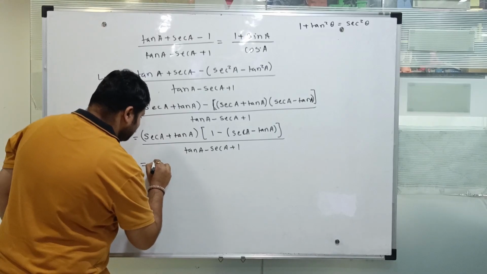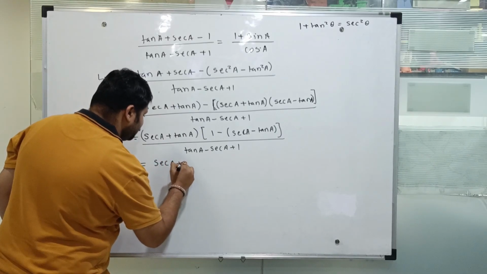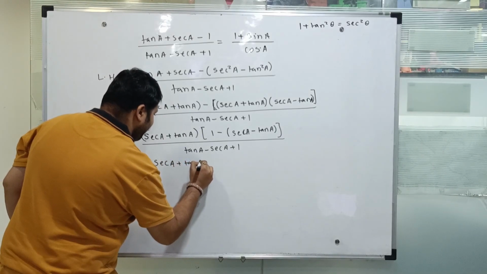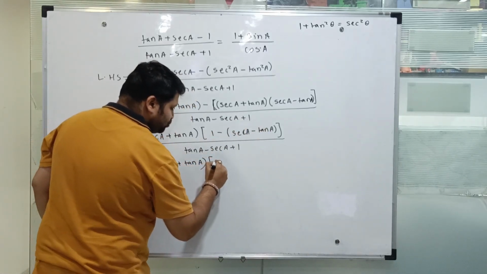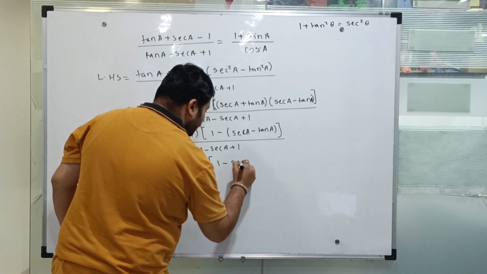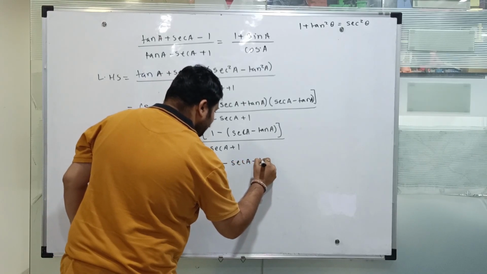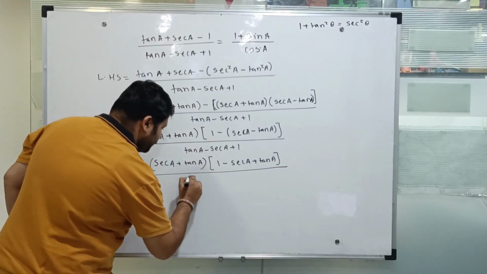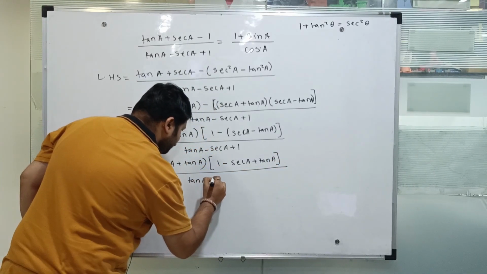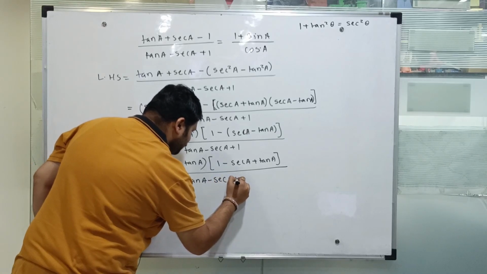Now this can easily be written as, and I will rearrange these terms. So I'll get 1 minus sec A plus tan A divided by tan A minus sec A plus 1.